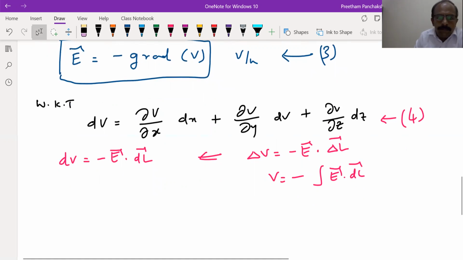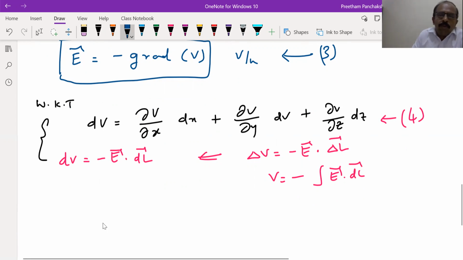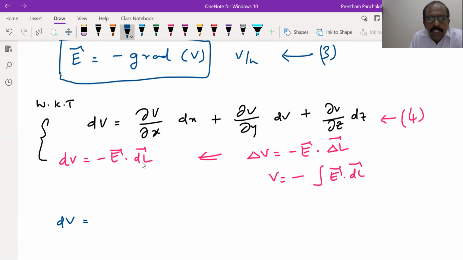So we have two equations available here for dV. One is in terms of vectors, another one in partial derivatives. So with a little bit of effort, we can combine these two to get a very useful equation. Let us go in this way. We shall expand this.